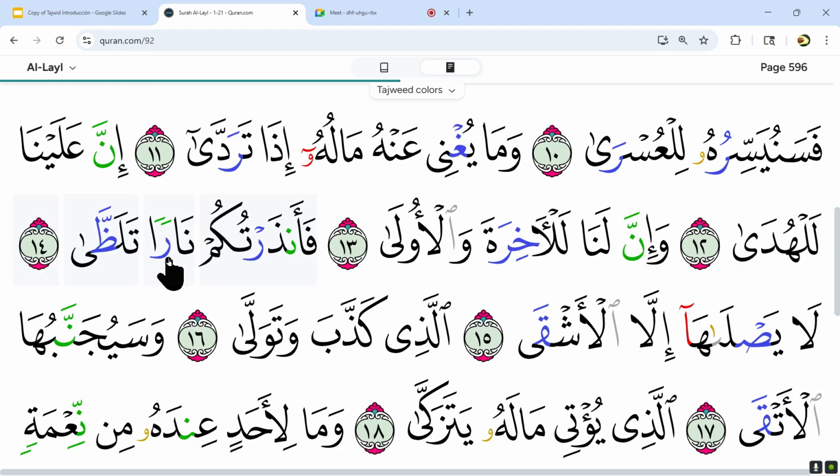There's the same thing, another ikhfaa right afterwards. No, that's okay. Instead of saying naran clearly, you're going to say naran talaDDa. Sorry, I don't know why I said it that way. It's hard.